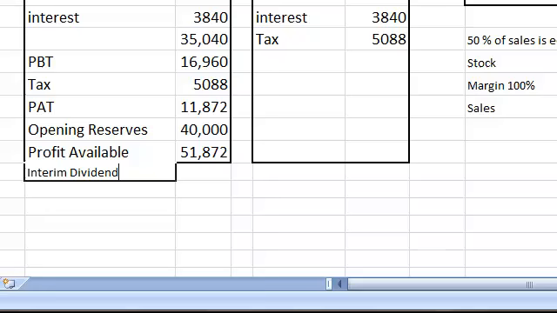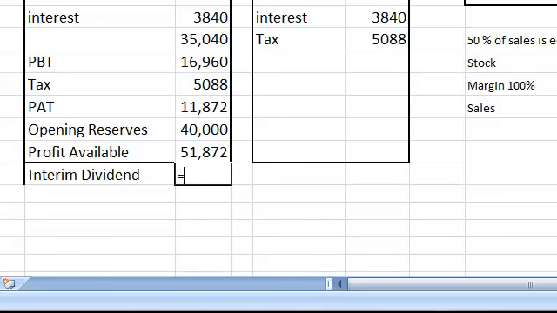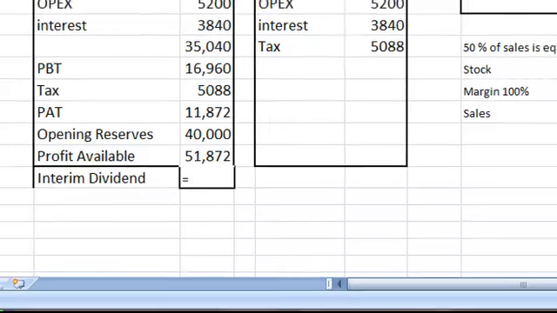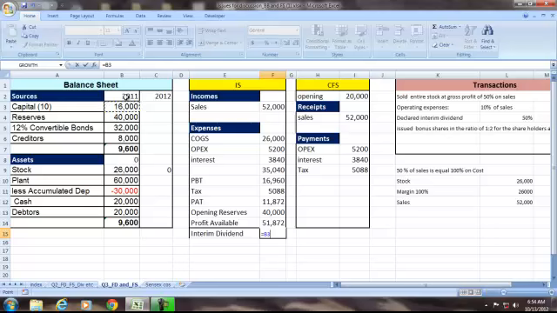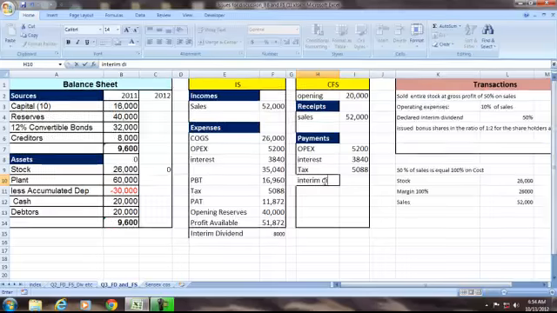Since no other expense is given, we have determined the profit and then give the interim dividend. So interim dividend is 50% of the capital, so 0.5. Let us assume that the interim dividend has been disbursed immediately.